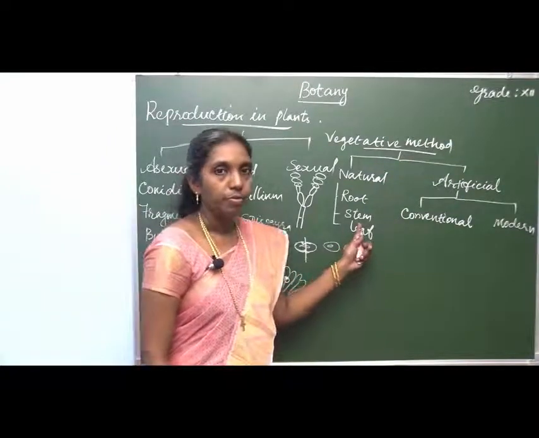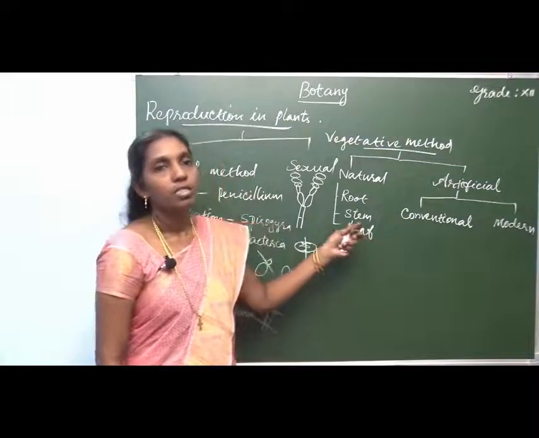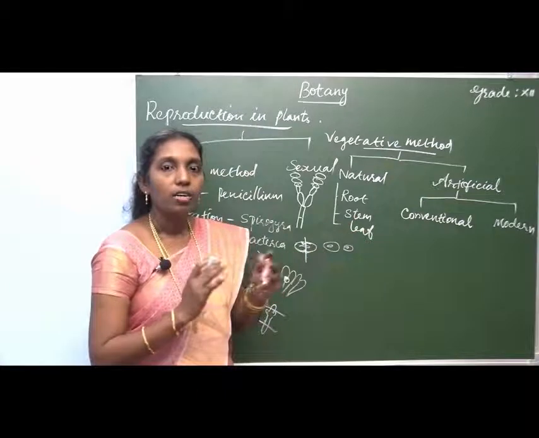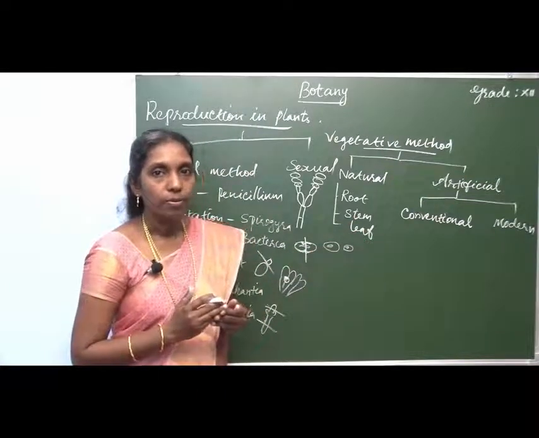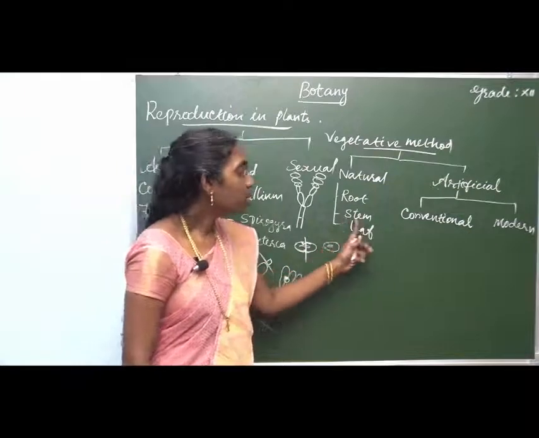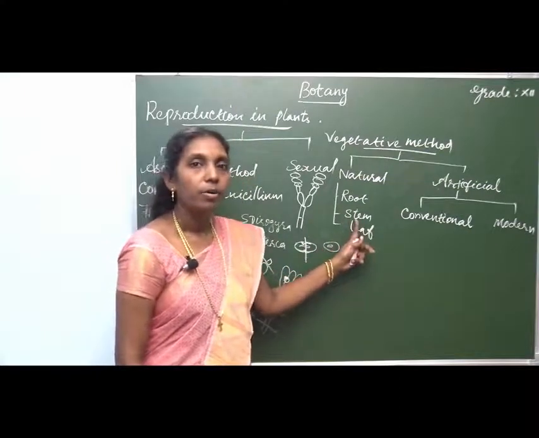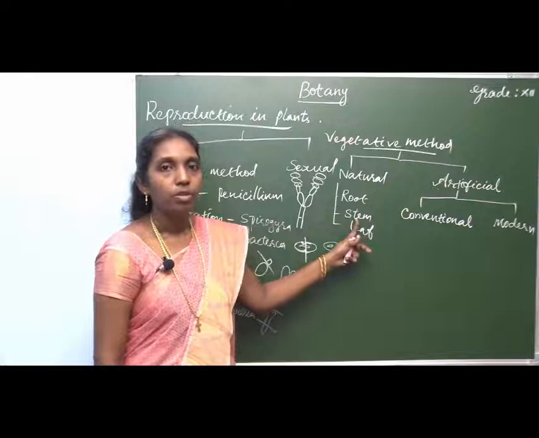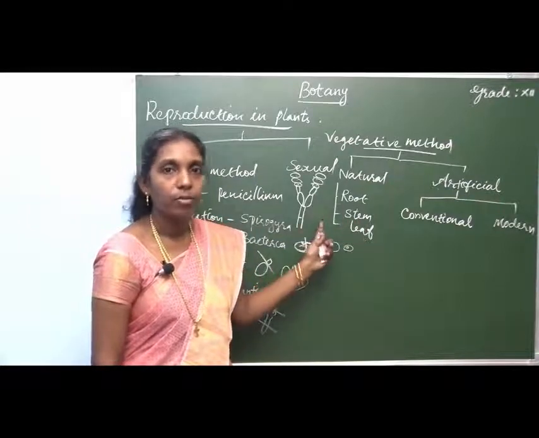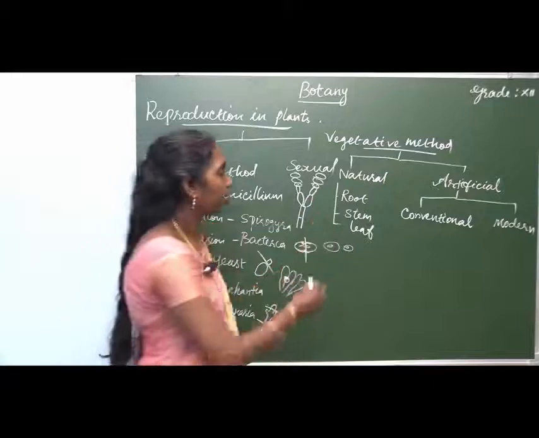Then stem. From the 3rd chapter of 11th class, you learned there are different morphologies of plants. Morphologically, the stem part has a number of modifications. You learned several modifications: subaerial modification, aerial modification and underground modification.